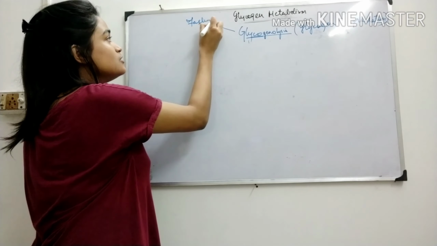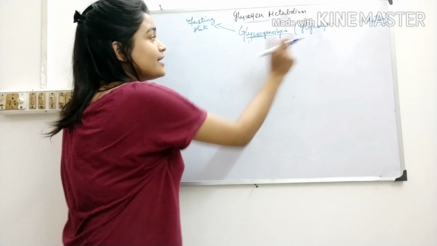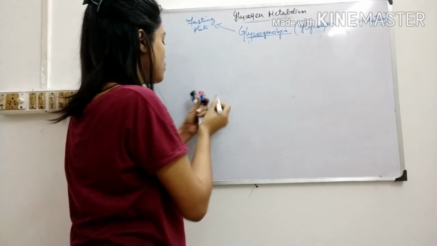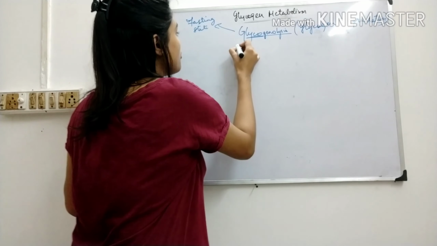In glycogenesis, we saw that glycogen synthase, which was the main enzyme, has two forms: active form A, inactive form B. And the active form was dephosphorylated, and when it was phosphorylated, it became inactive. For glycogenolysis, the main enzyme, we saw, was glycogen phosphorylase.